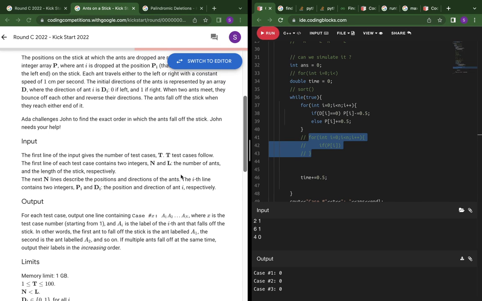If not, then I can keep track of this p of I in another variable.